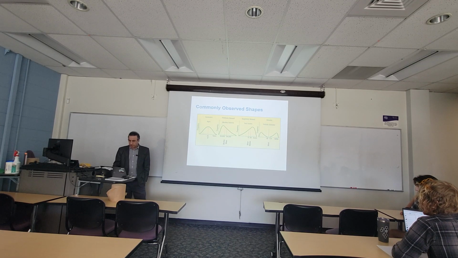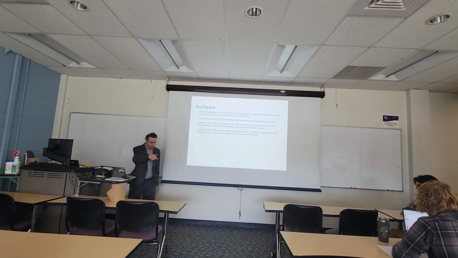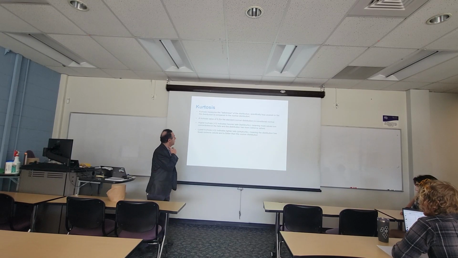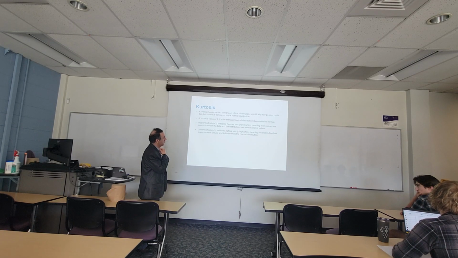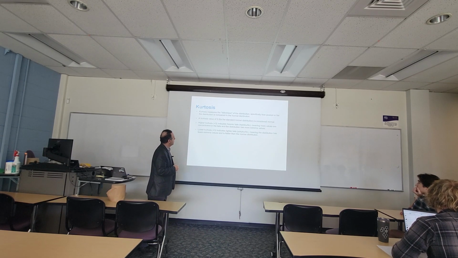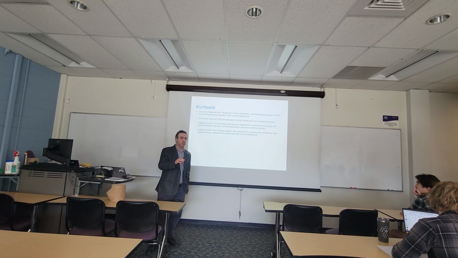Okay, another factor that we use to look at the distribution is called kurtosis. Okay, kurtosis measures the tailedness of the distribution, right? How thick or how flat your distribution is.